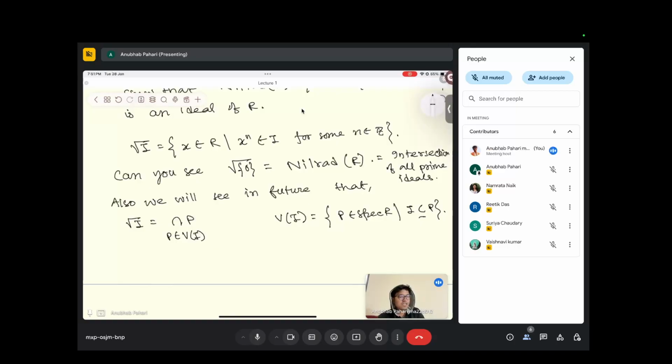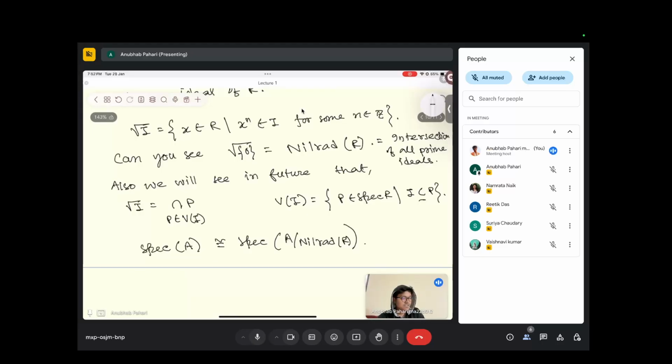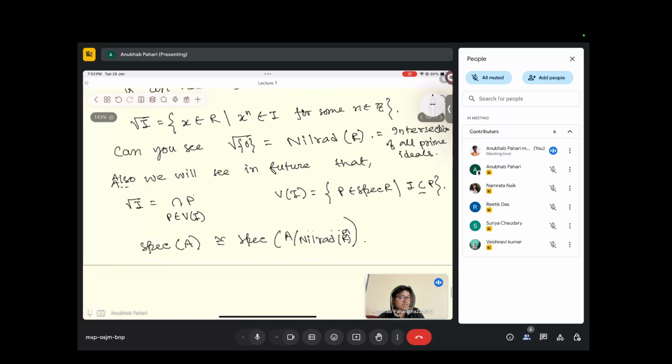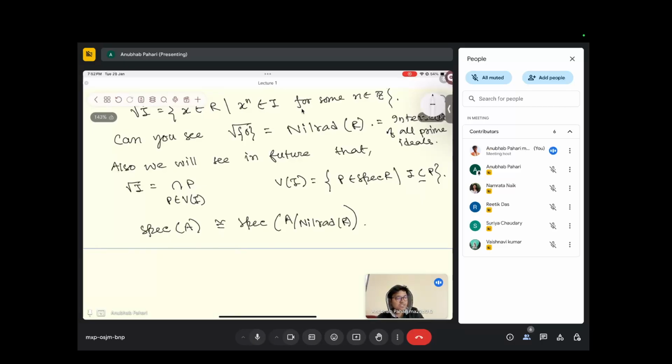So from there you can just see that when we say that Spec of A is isomorphic to Spec of A by nilradical, that is because all the prime ideals are already in there, because the nilradical is contained in every prime ideal. But the good thing is that A may not be reduced, but A by nilradical is reduced.